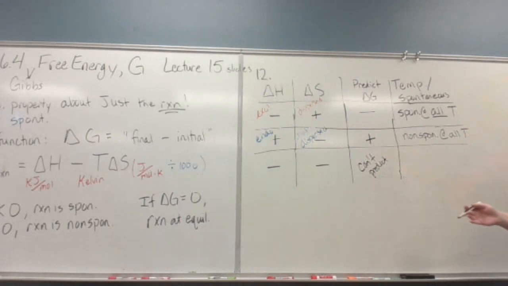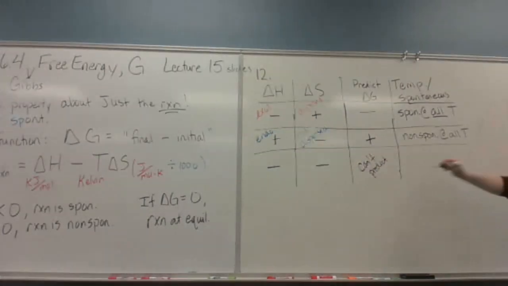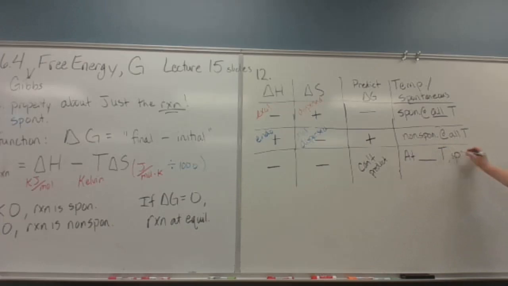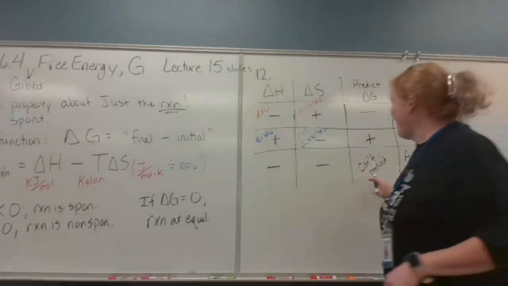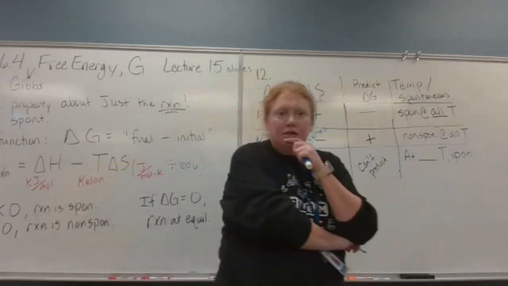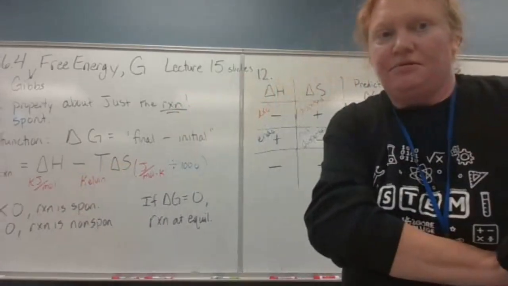What I can say is that at what temperatures would this reaction be spontaneous? And I'm looking for you to use the word high and low. Those are two options. At what temperature would this reaction give you a negative delta G value? Think about what the value of T would need to be.